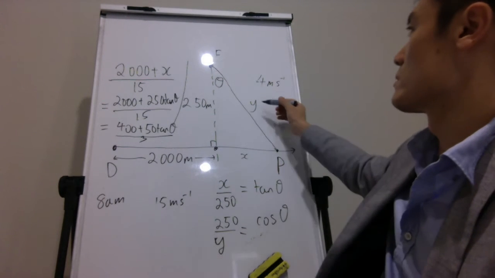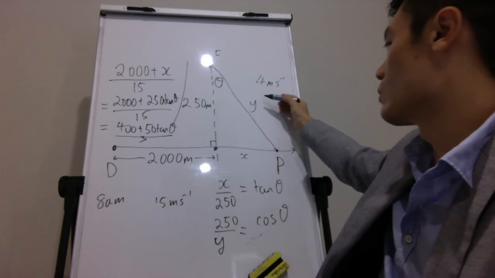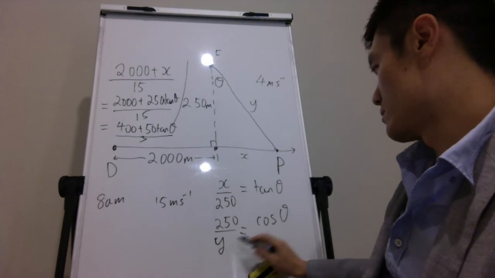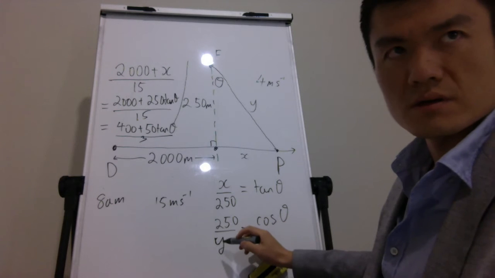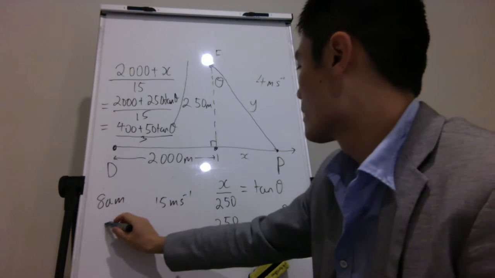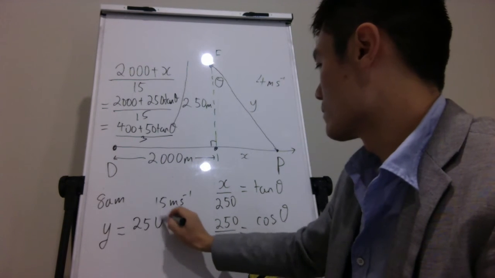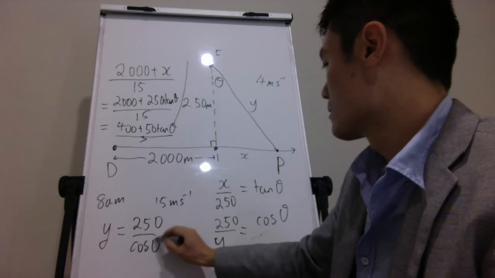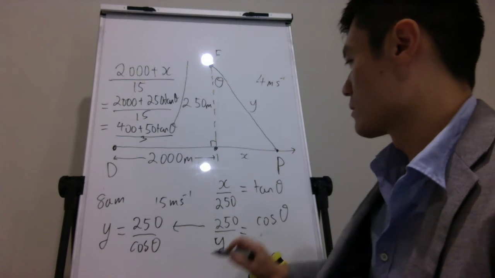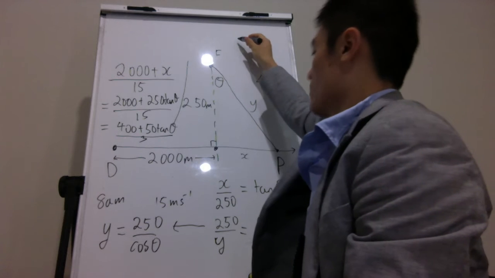Okay, the other one is just simply y over 4, right? But y is 250 over cosine theta. So y equals 250 over cosine theta. So we got that from here, okay? And then the time taken is y over 4.